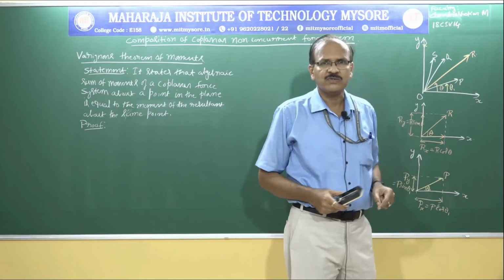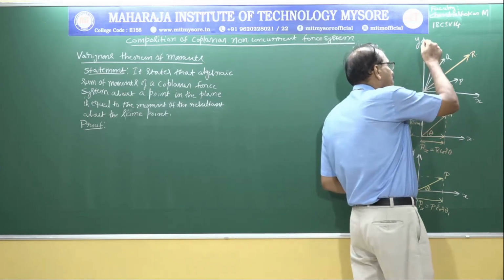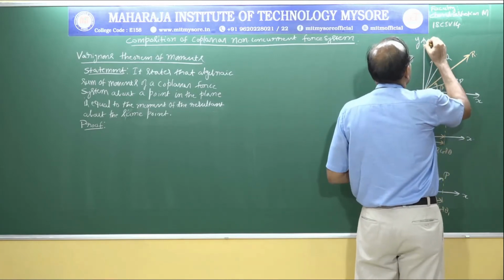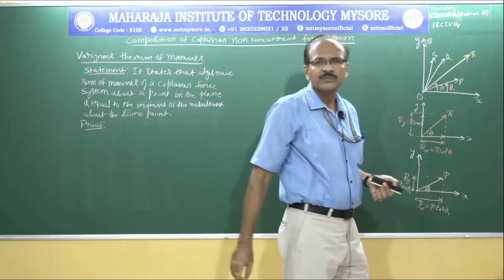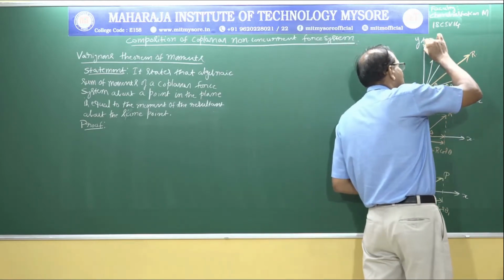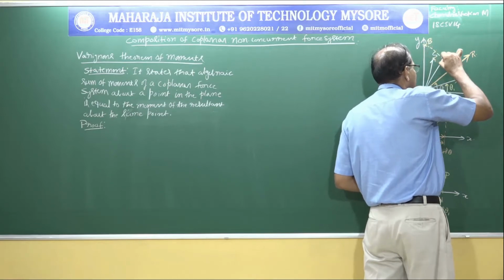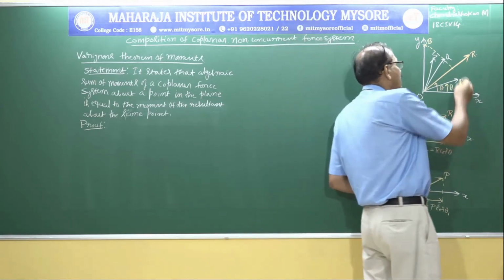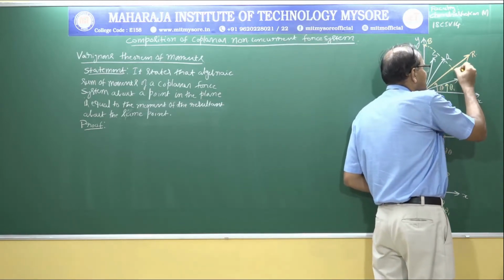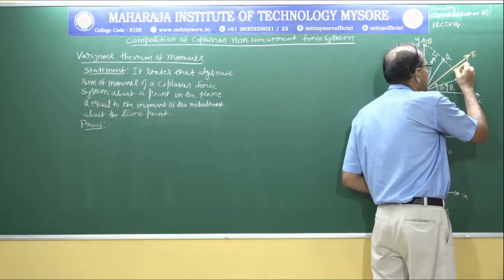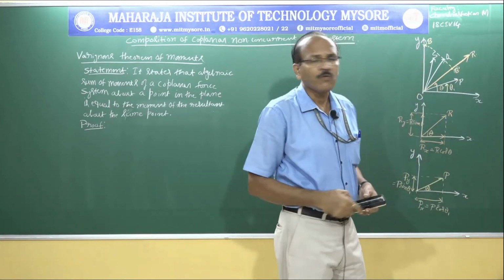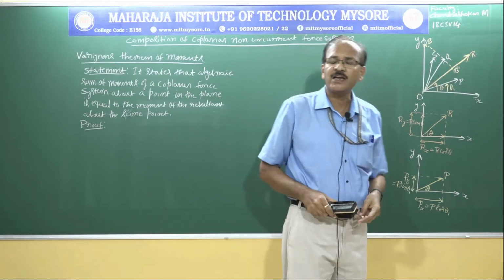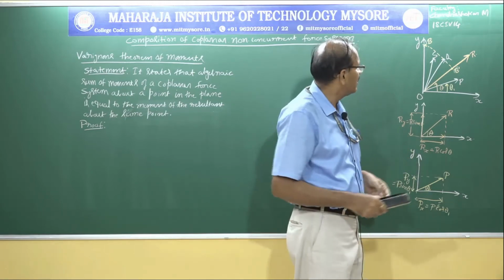Just for my convenience, I am going to pick a point here along the y-axis and call that B. From B, I am going to draw a perpendicular to the resultant, and I am going to call this point B dash. B dash is the point where the perpendicular meets the line of action of the resultant.